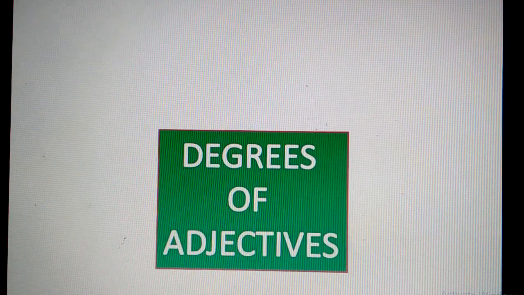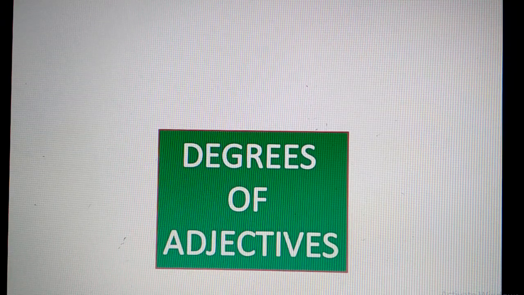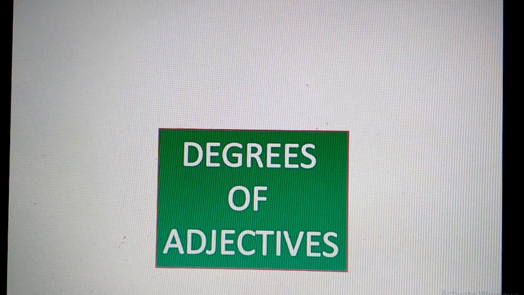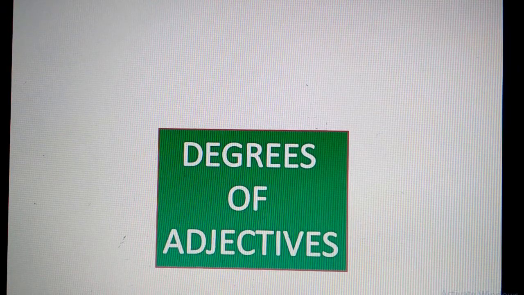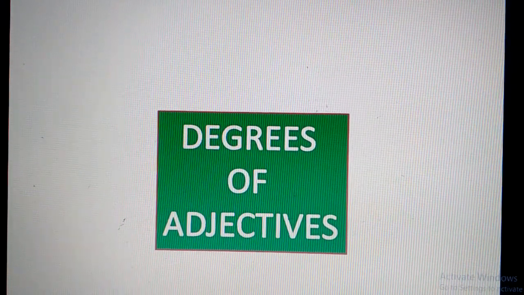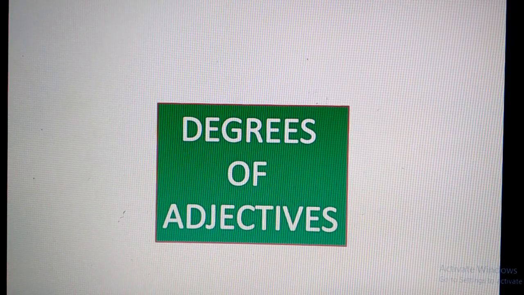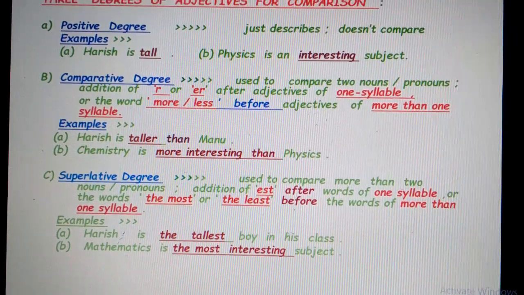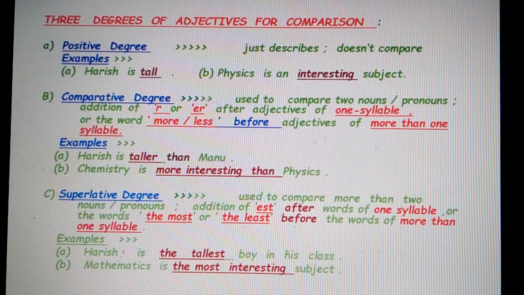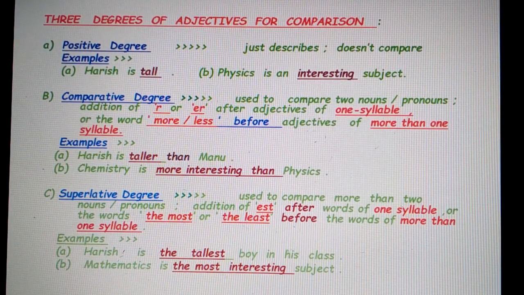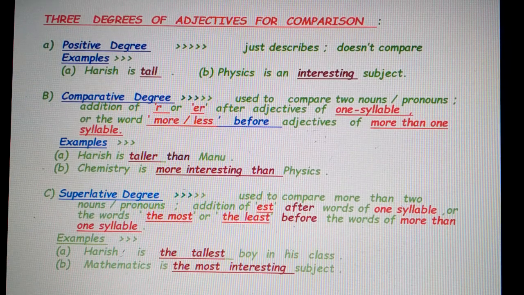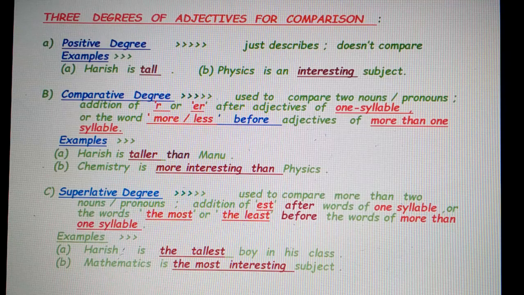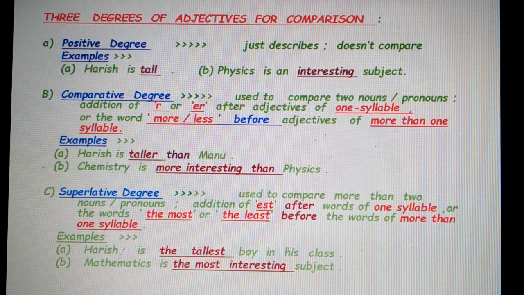In adjectives, you are going to learn that there are three ways in which things, people, or qualities can be compared with one another. The three degrees of adjectives are the positive degree, the comparative degree, and the superlative degree. Let's see what the positive degree is.